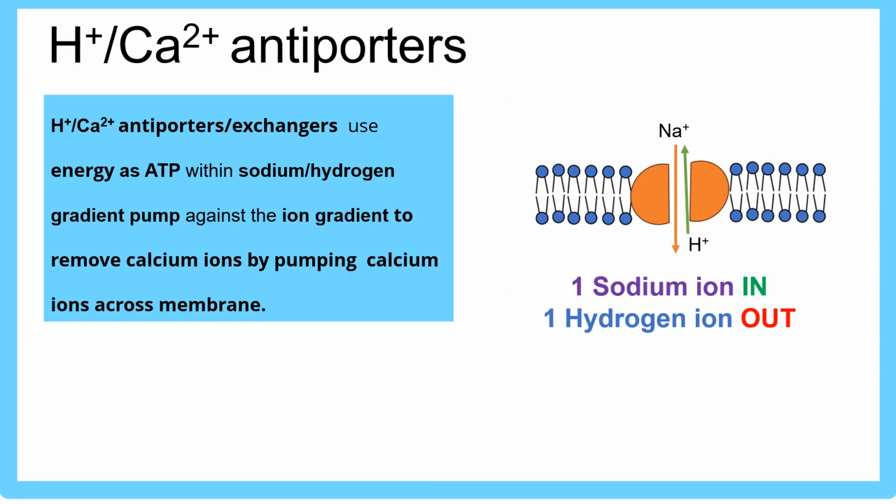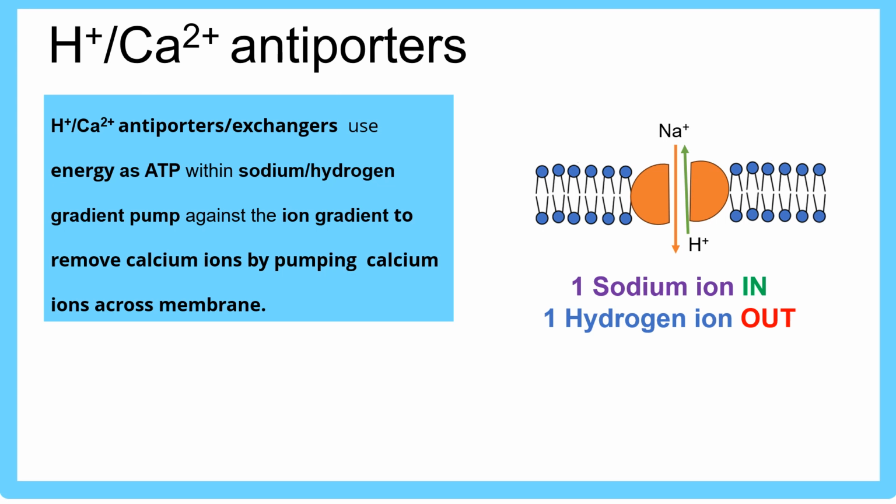The second type of transporter, which we introduced earlier, was the hydrogen calcium antiporters. So with this one, they actually also use energy as ATP, but they use their sodium hydrogen gradient pump to be able to remove the calcium ions across the membrane. So you have one sodium ion in and then one hydrogen ion out, in this case over here.